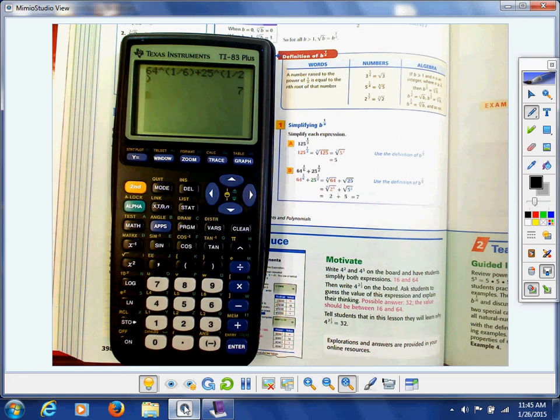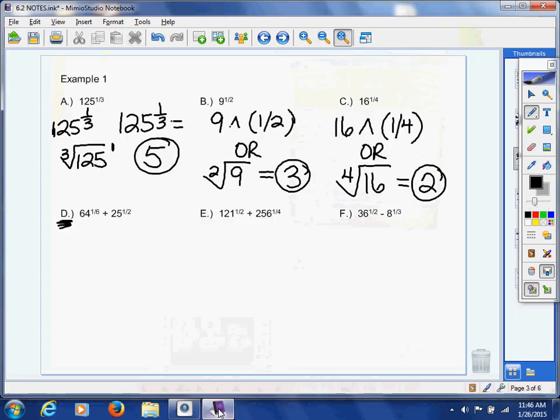That's what it should be. 64 raised to the 1/6 is actually the number 2, and 25 raised to the 1/2 is really the square root of 25, which is 5, and 2 plus 5 is 7. And so that's why that works out the way that it does. Okay, I'm going to flip back to your notes now, and let's take a look.